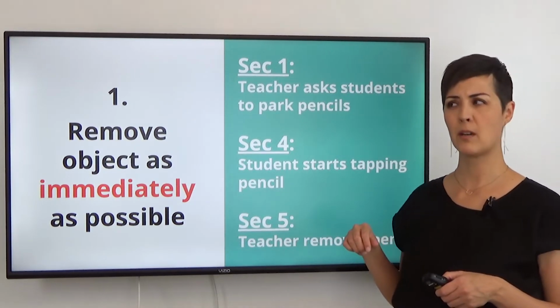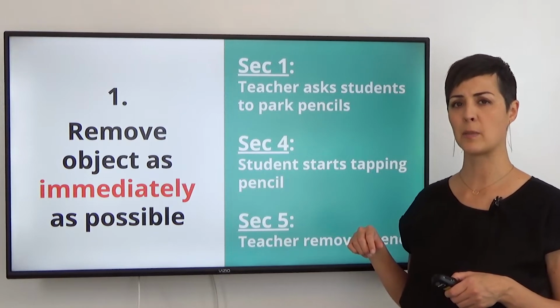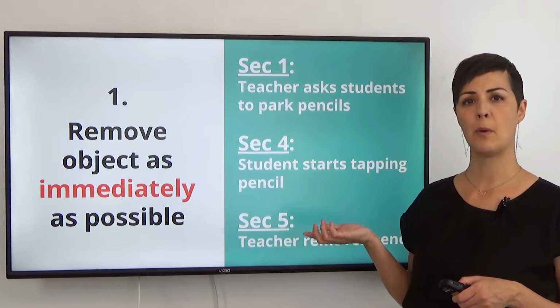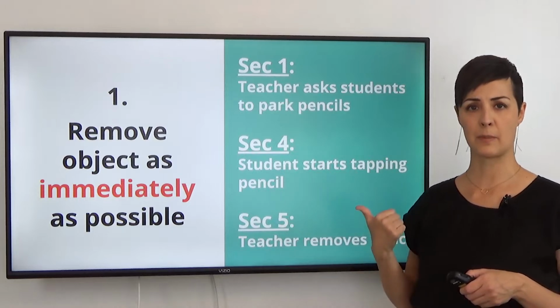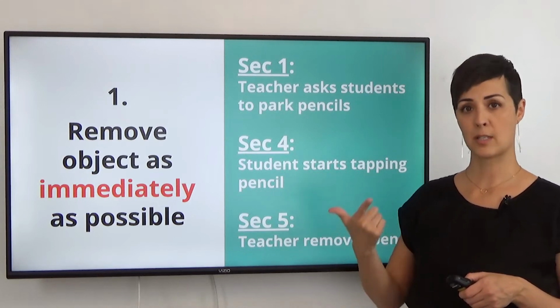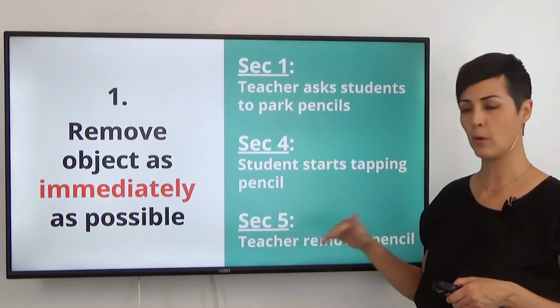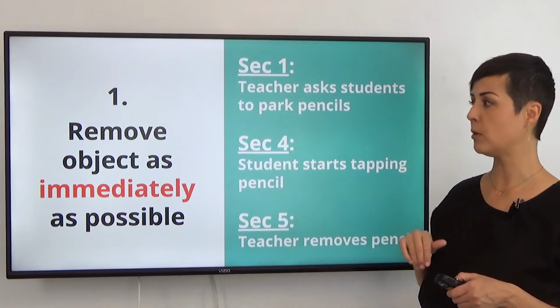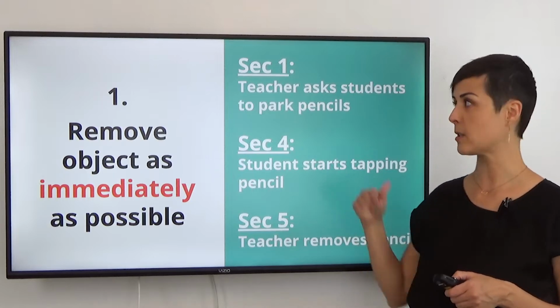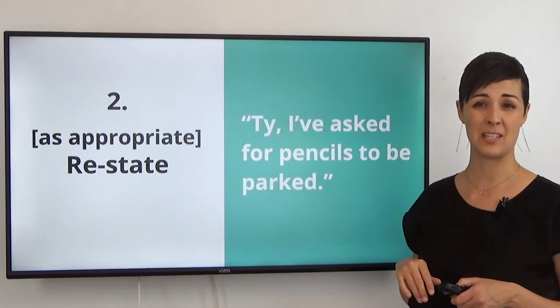And you might be saying, "But Sarah, you didn't give him an individual correction to park his pencil." And yeah, I could have tried that. But remember, if you have just stated an expectation or you've just given a correction, if either of those 2 criteria are met, then you can go for redo or removal. So I'm going to remove the object in this case as immediately as possible because I've just stated that expectation.